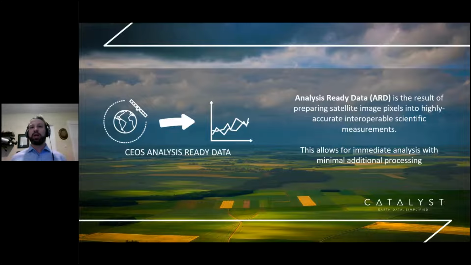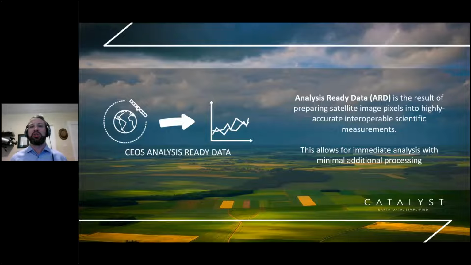Why do we want to do this? What's the value of converting our imagery into analysis ready data? It's to allow for the immediate analysis of your imagery with minimal additional processing. We're getting it to the point where it's of a certain quality, it becomes interoperable with other data sources, and it can be immediately consumed by, say, different AI models or for time series analysis, so that you don't have to spend all that heavy lifting of all that time pre-processing the data.